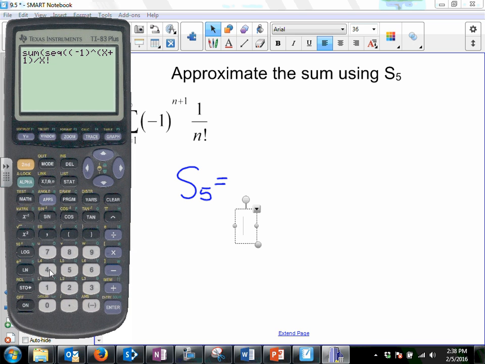And then we have to say what our variable is, and we're going to sum it from 1 to 5.